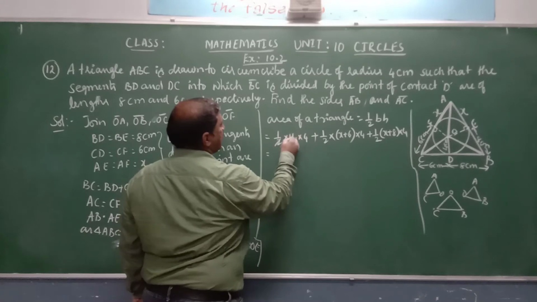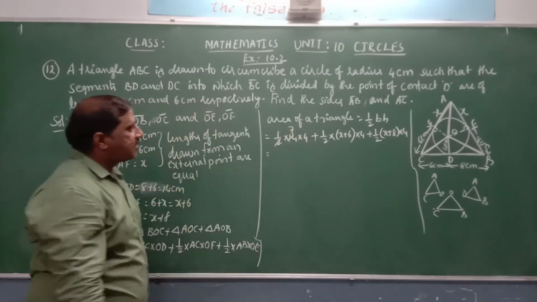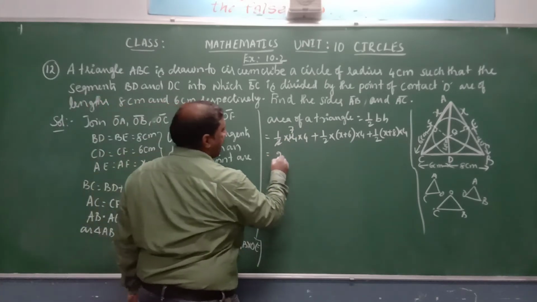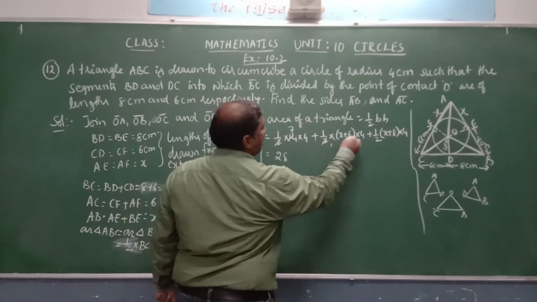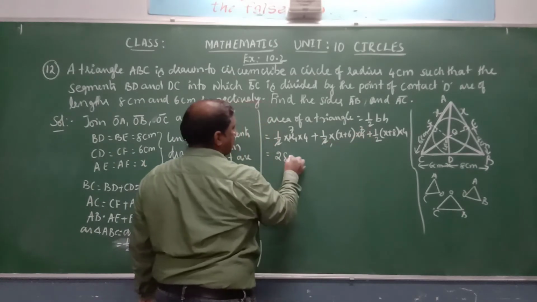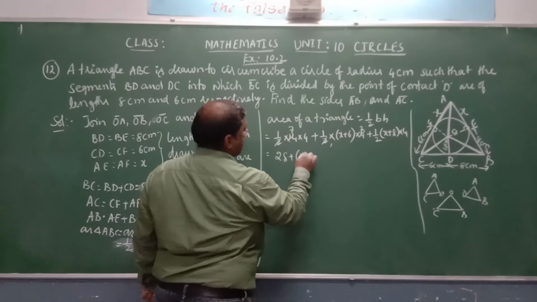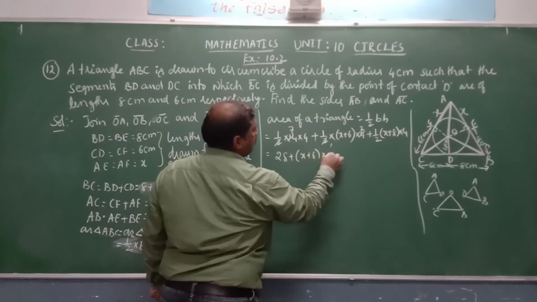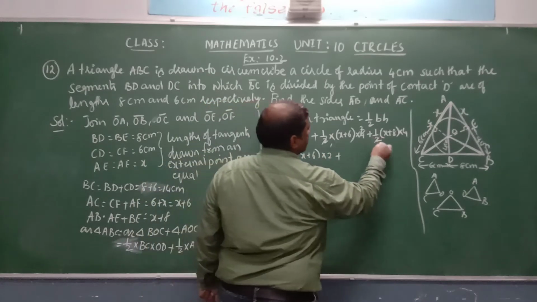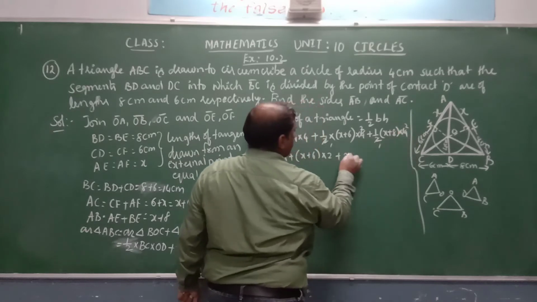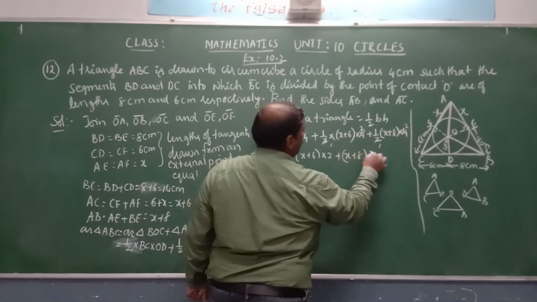So 2 ones are 2, 2 sevens are 14; 7 fours are 28. Then 28 plus (x plus 6) into 2 plus (x plus 8) into 2.